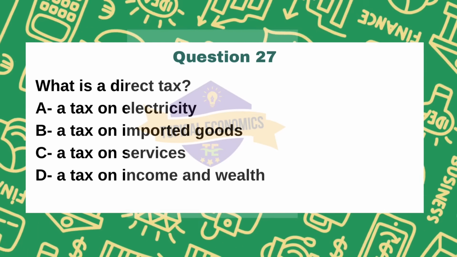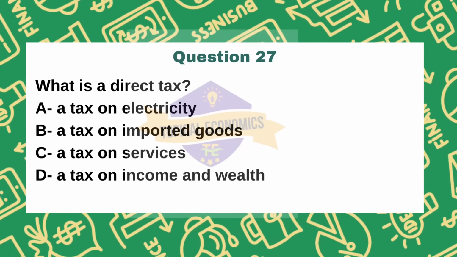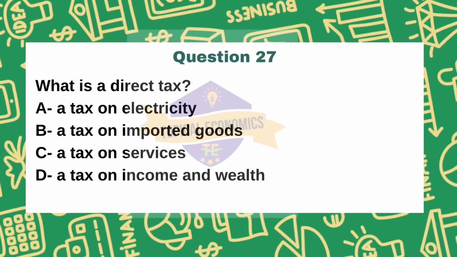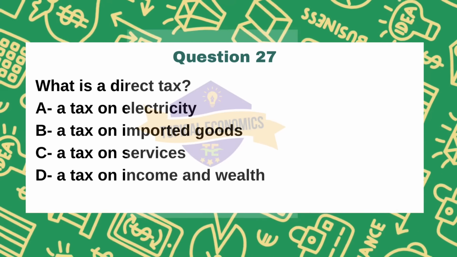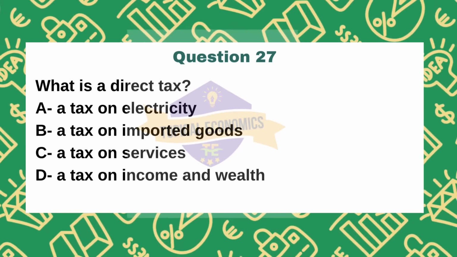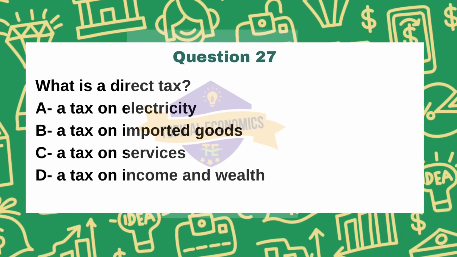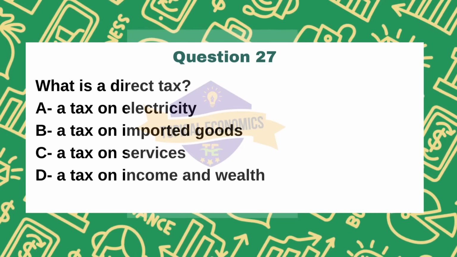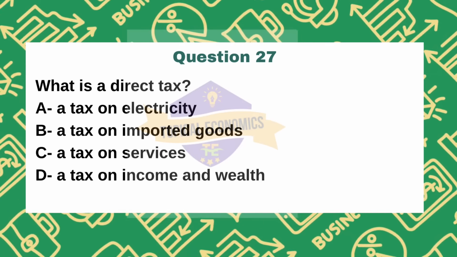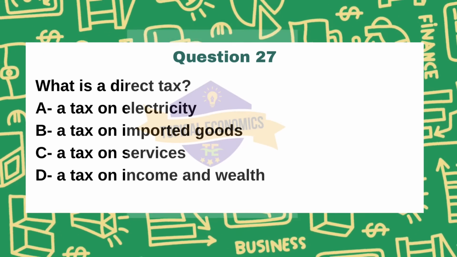Direct taxes are taxes that are levied directly on an individual's or entity's income, wealth, or profit. They are paid directly to the government by the taxpayer. Common examples of direct taxes include income tax, corporate tax, and property tax. Analyzing the other options. Option A, a tax on electricity, is typically an indirect tax, as it is levied on consumption rather than directly on income or wealth.